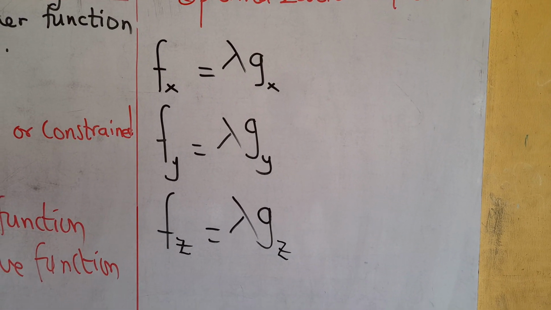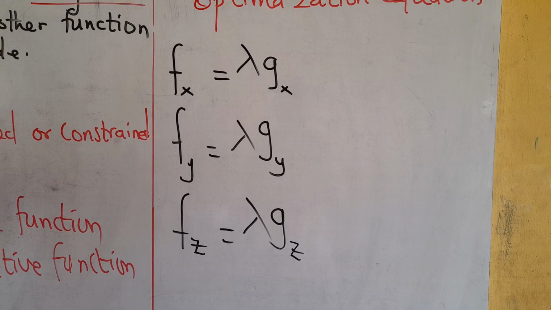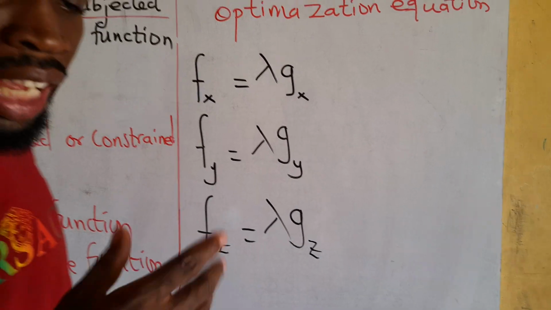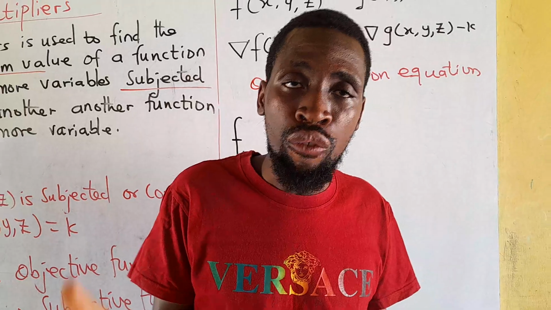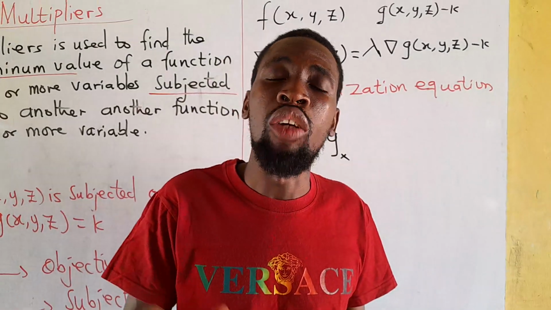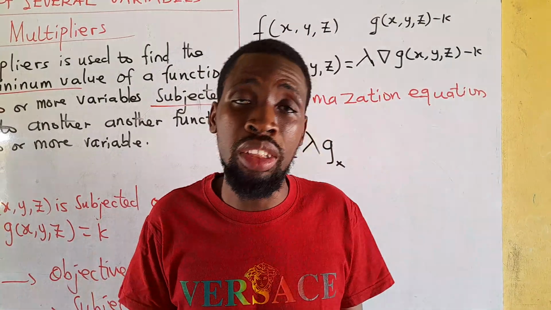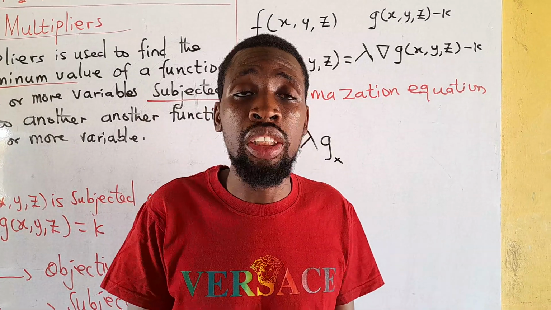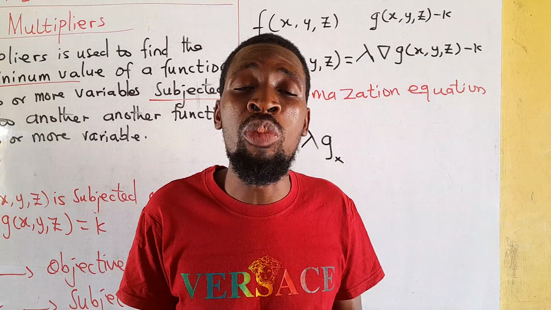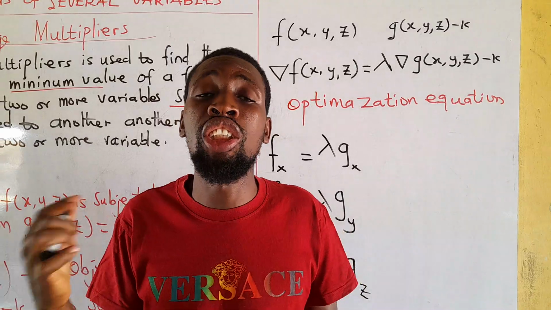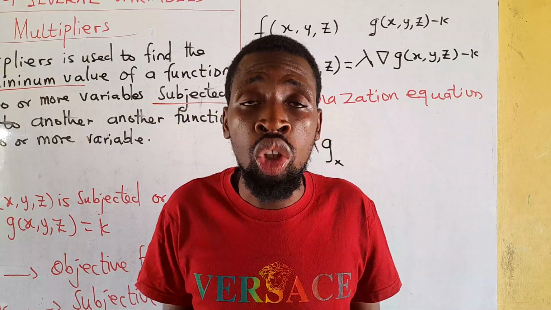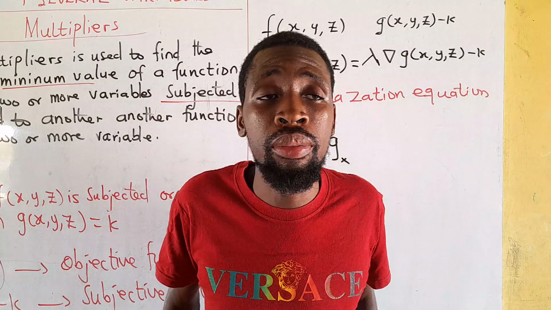Then we'll be able to determine which one is maximum and which one is the minimum. The values of x, y, and z from our subjective function are known as the extremes. So now we take some sample questions and see how we can find the maximum and the minimum value of a function depending on two or more variables using Lagrange multipliers.